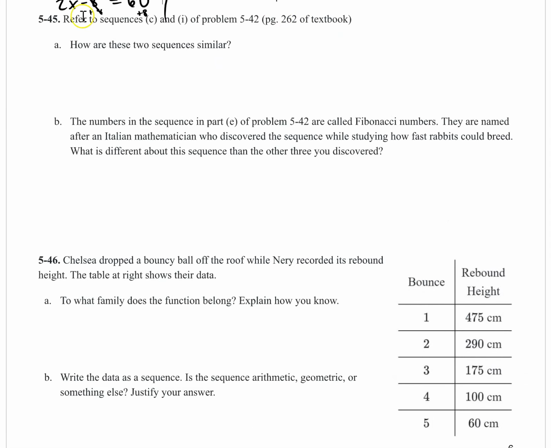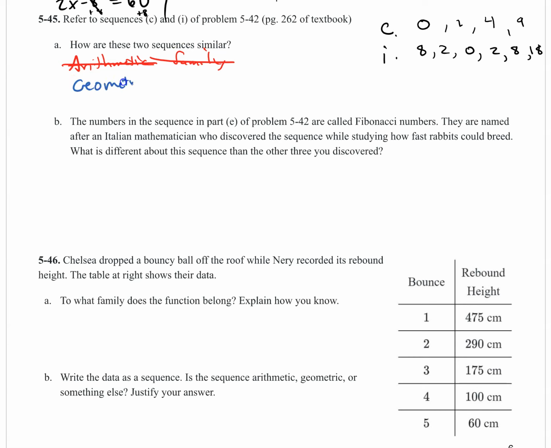Check your textbook. Refer to the sequences C and I of problem 542. Now if you remember, these sequences are not part of the arithmetic family. They are not part of the geometric family.